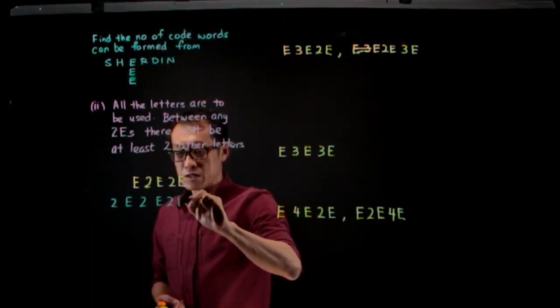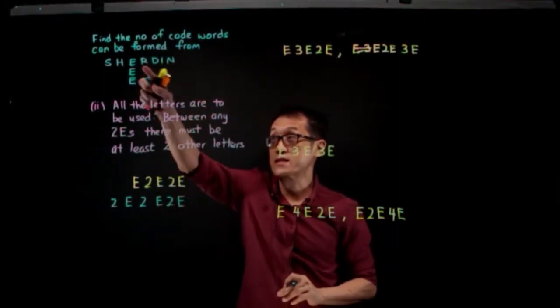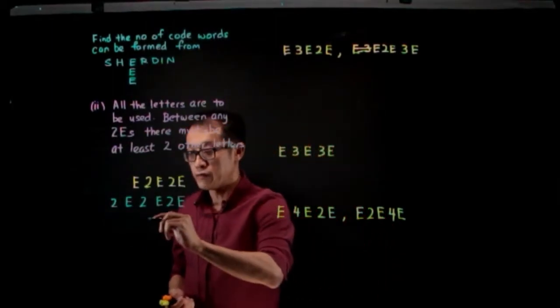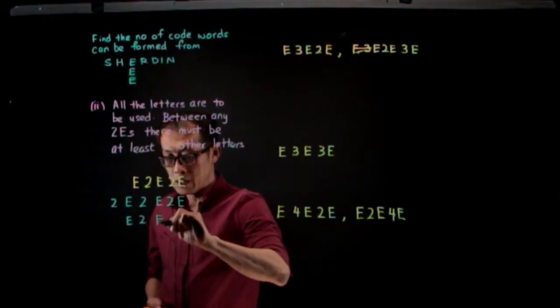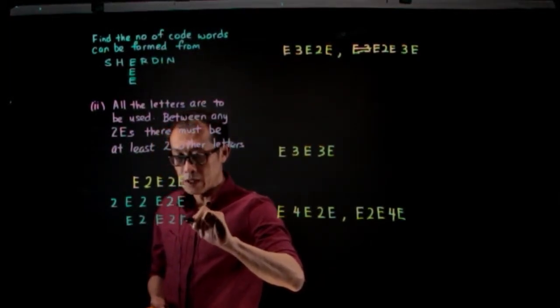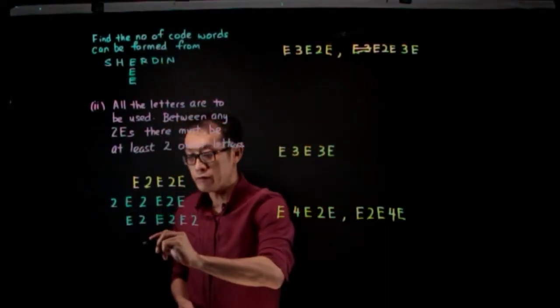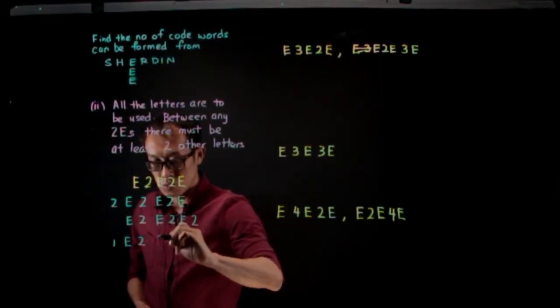You can have it this way. All right. You have 6 other alphabets. Or you can have E, 2E, followed by 2E, and you place the 2 here. Or you can have 1, E, 2.